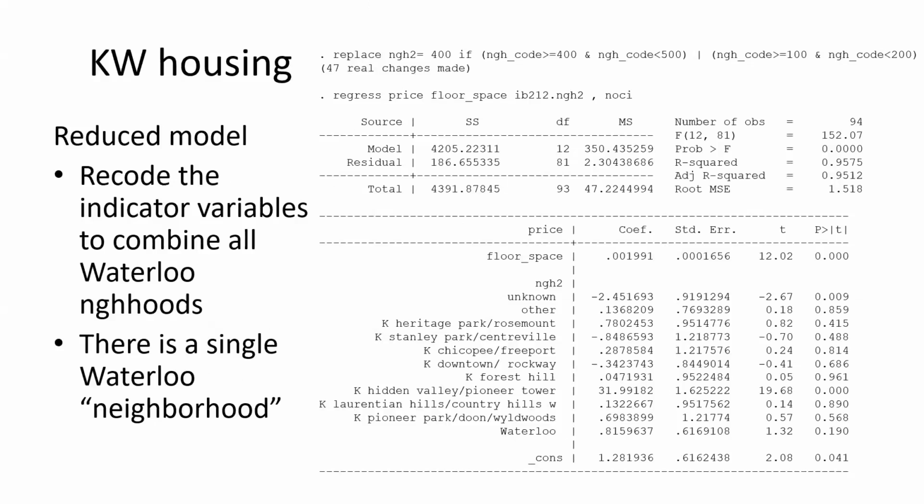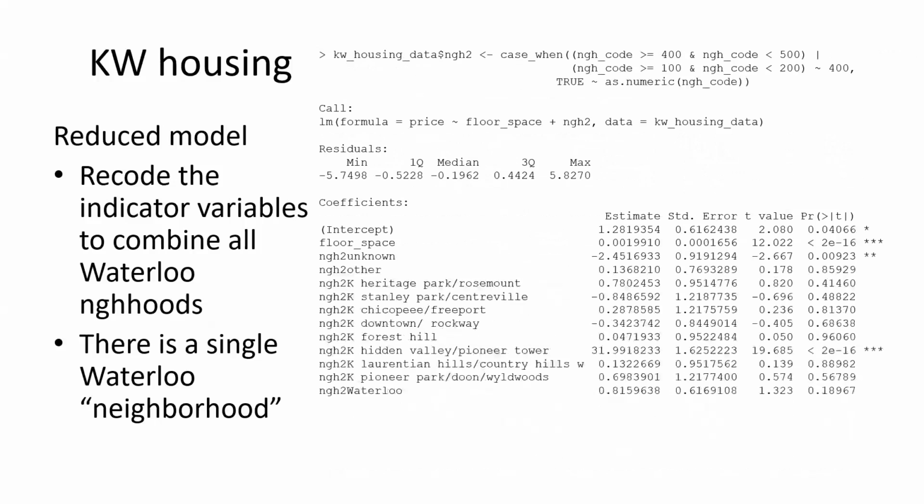What that means is before we had 11 Waterloo neighborhood parameters, and now we have one indicator. So the difference is 10 in parameters. Here is the same thing in R code. It's just an explanation of how to do the computation that is slightly different here.